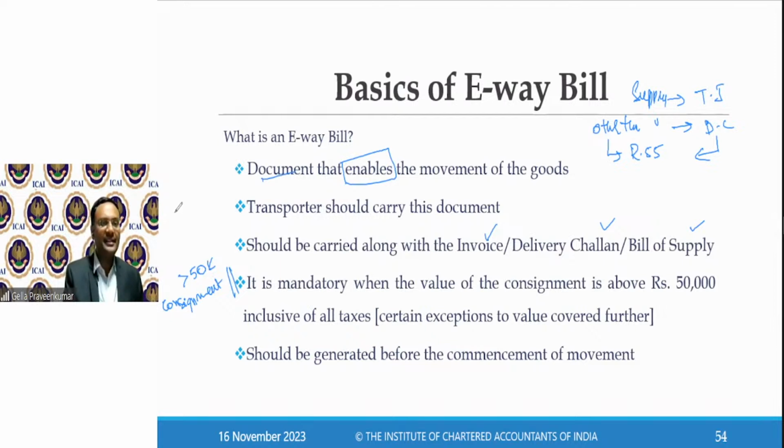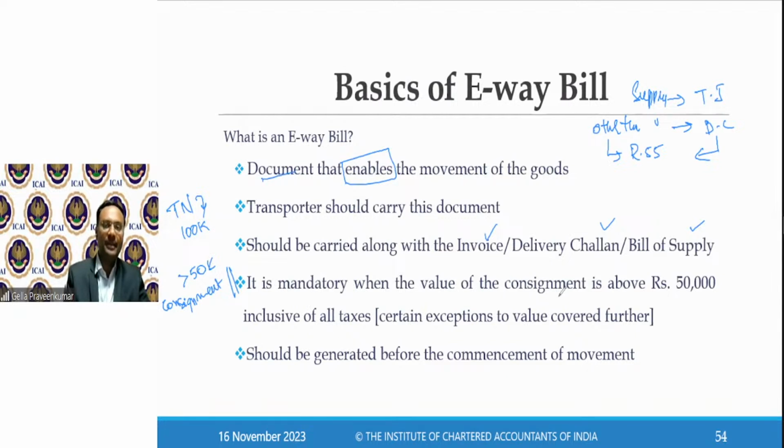In certain states, for example Tamil Nadu, this 50,000 limit was amended to 1 lakh. For any goods moving within Tamil Nadu up to 1 lakh, there is no e-way bill requirement. Other than Tamil Nadu, in the rest of India, for any movement of a consignment exceeding 50,000, an e-way bill is compulsory.